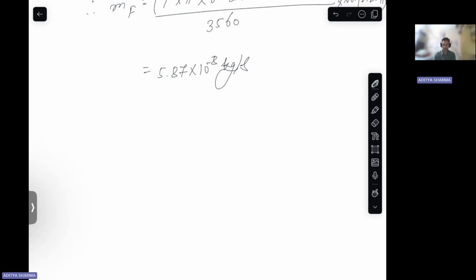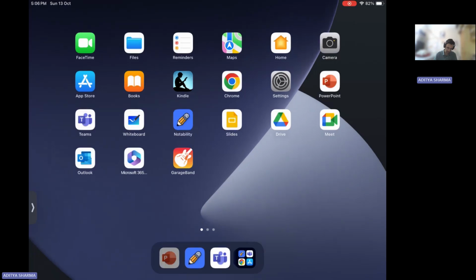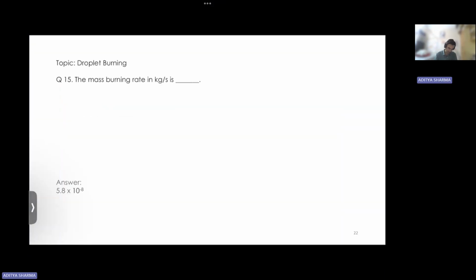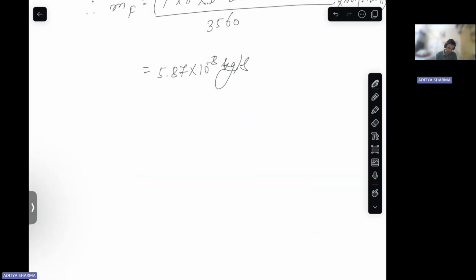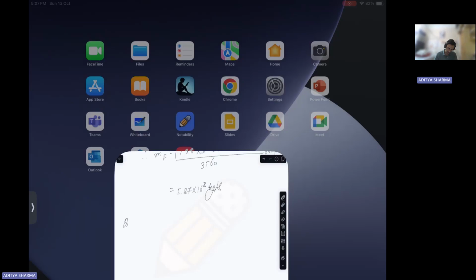Now the next question. This is question number 16. The flame temperature in Kelvin is. So now we need to find the flame temperature.